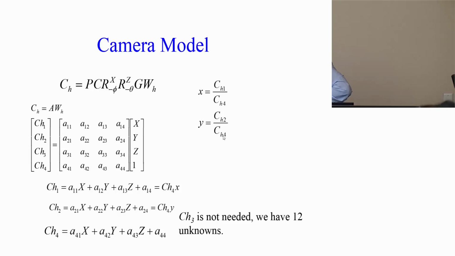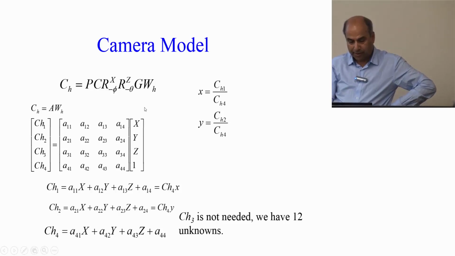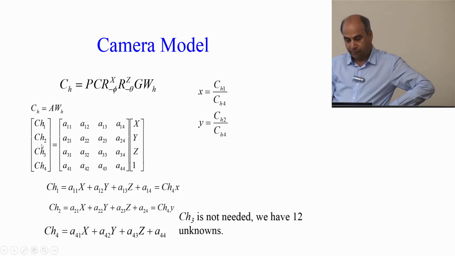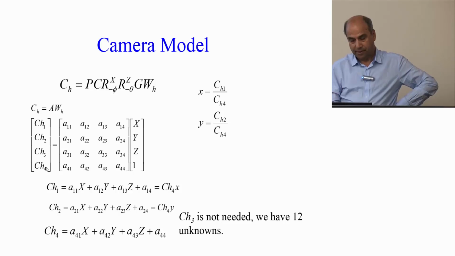As we talked about, when you multiply this with the homogeneous coordinates, you get the image homogeneous coordinates. To go from homogeneous coordinates to Cartesian coordinates, we divide by the fourth component. And to go from Cartesian to homogeneous, we multiply by it and add that fourth component. That's what we are doing.